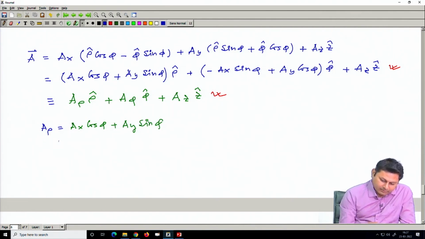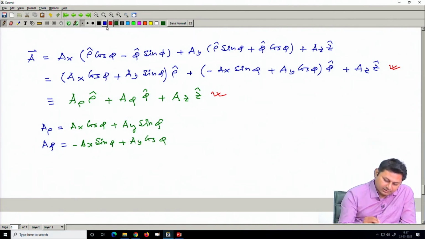My A phi is this quantity, which is minus A x sin phi plus A y cos phi, and finally my A z is equal to A z.